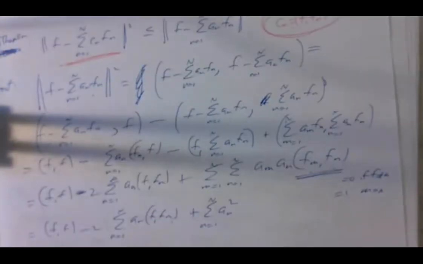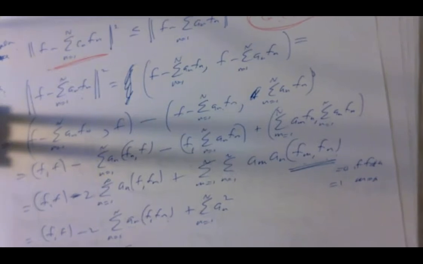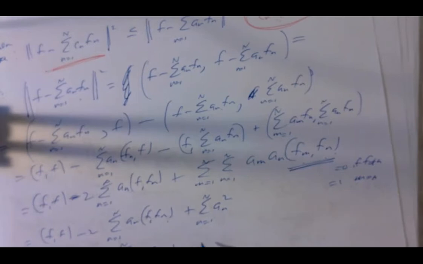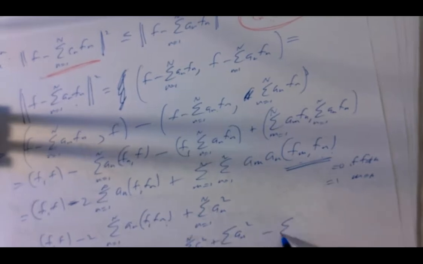So this is the inner product of f with f minus 2 times the summation n goes from 1 up to n, an times cn, plus the summation of an squared, and I want to add the summation of cn squared, but then I have to subtract it.